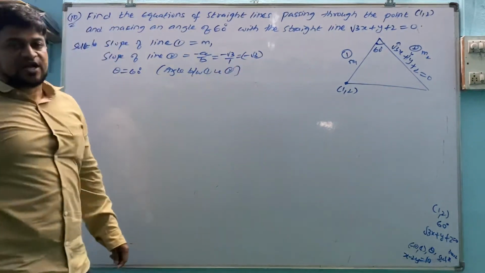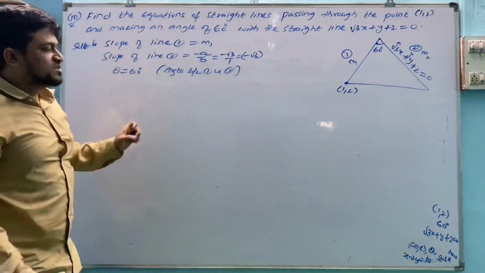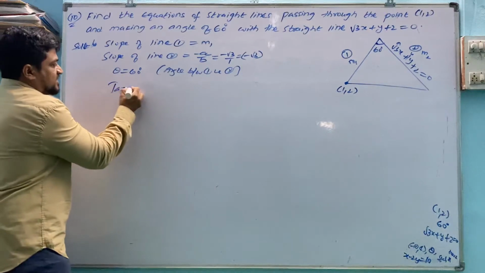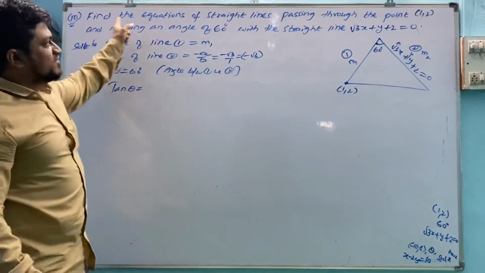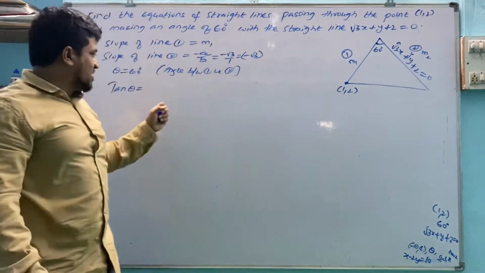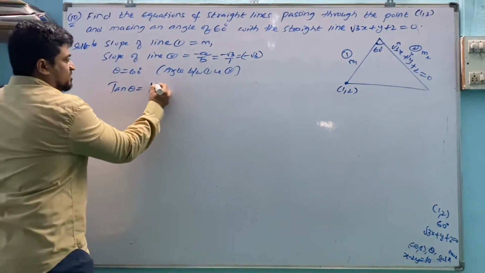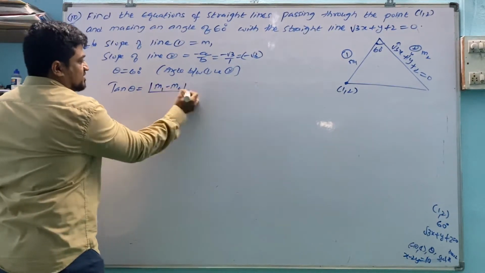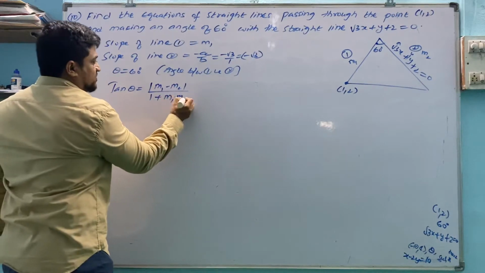If the angle between 1 and 2 is given and we have slopes, which formula do we use? Tan theta. Whenever such a concept is given, you have to use the tan theta formula: tan theta = |(m1 - m2)/(1 + m1 m2)|.